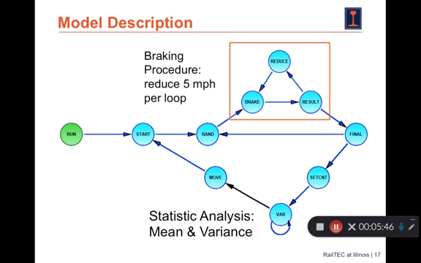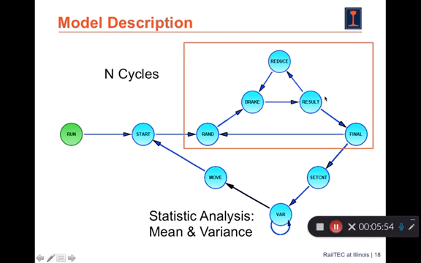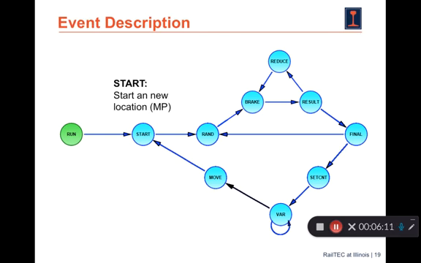So this is my model. First of all, this is a cycle used to brake. Once the speed reduces to 0 from a certain speed, this iteration completes. And this is the cycles I run for each starting point. By default I run 1000 times, but we will discuss the effect of changing the n value.